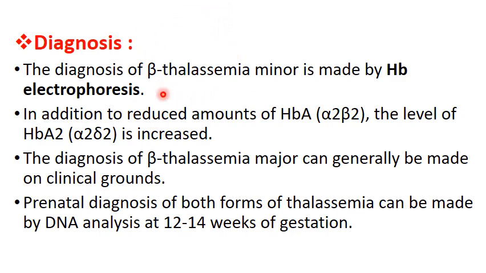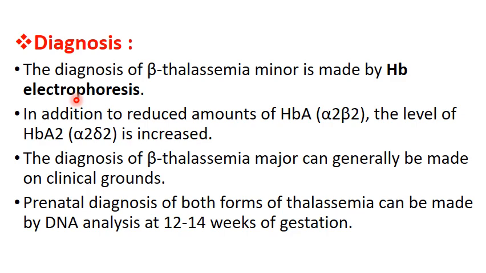Regarding the diagnosis of beta thalassemia minor, basically the diagnosis is made by hemoglobin electrophoresis, which is very important because the patient clinically presents with anemia or just visits the doctor for any other reason. He did a complete blood picture by peripheral blood film.